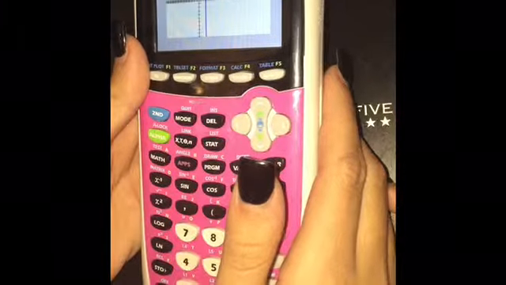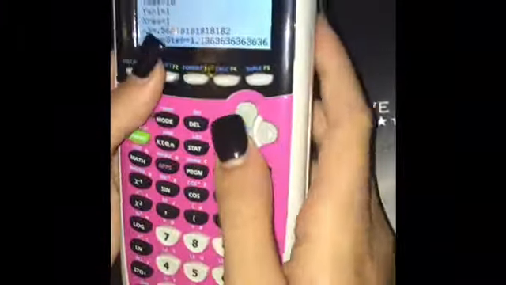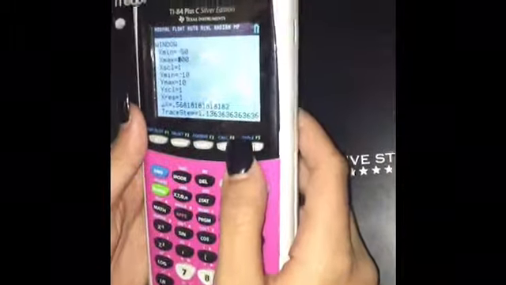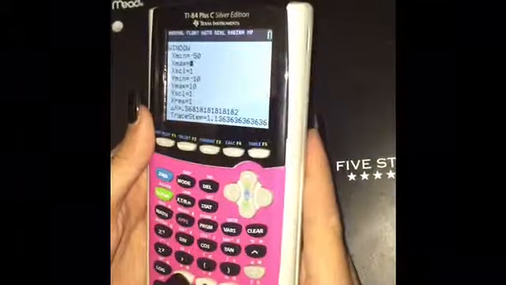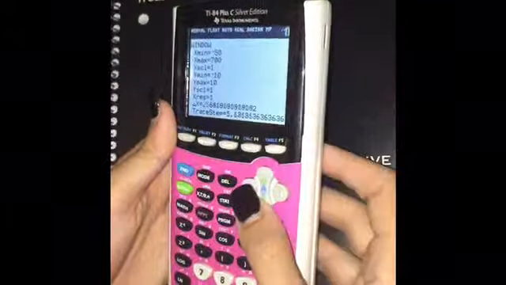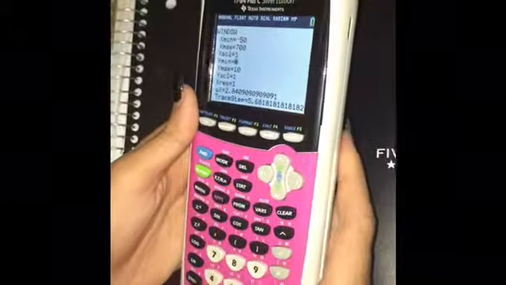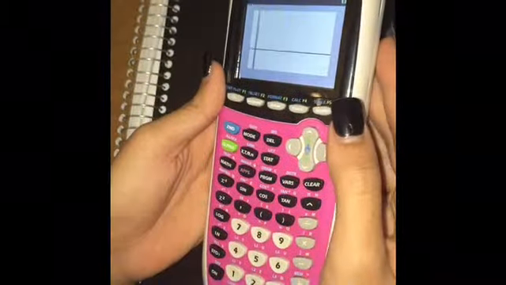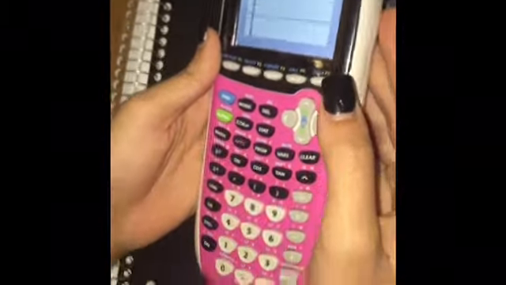Just wait for it. Okay, so that's a problem, so we're going to go back to window. One of the things is negative 630, so it probably has to be really big. No, the minimum has to be bigger, not the maximum.